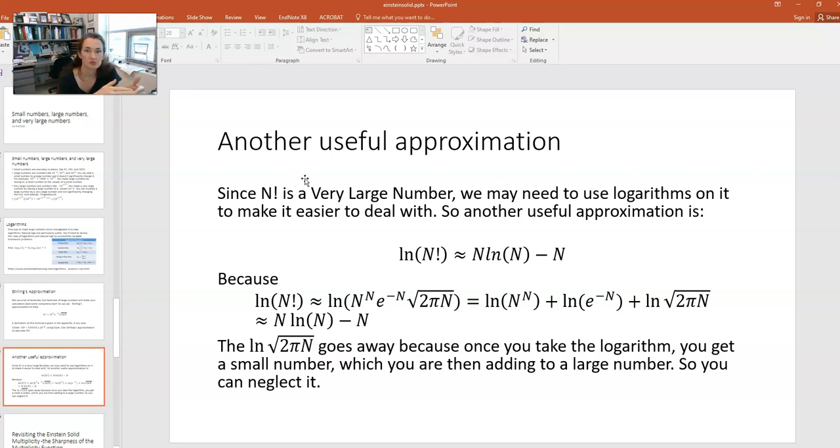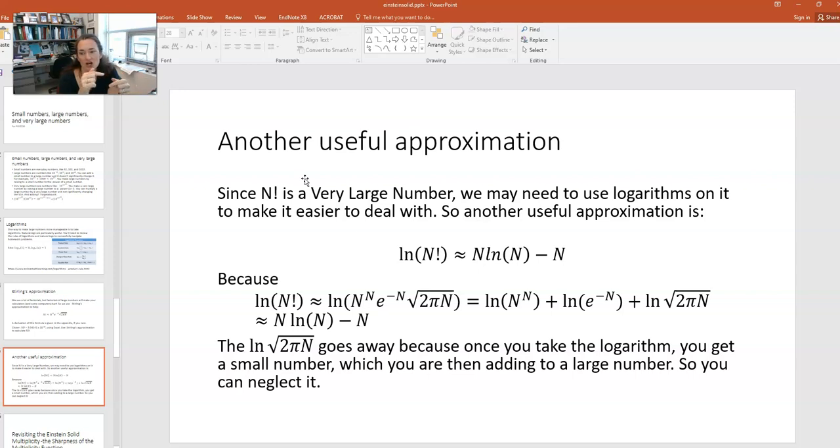Now, using the product rule for logarithms, that is equal to the log of n to the n plus the log of e to the minus n plus the log of the square root of 2 pi n. Now, the log of n to the n power is n times log of n. The log of e to the minus n is minus n, right?